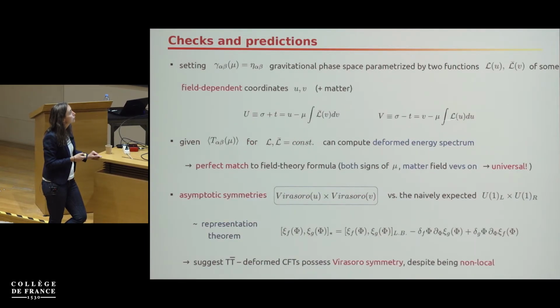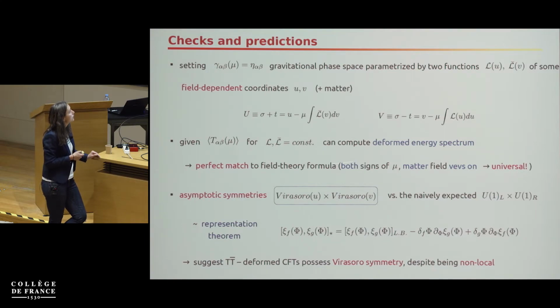The most general solution in the gravitational sector is parameterized by two arbitrary functions of what I'll call field-dependent coordinates, little u and little v. And these field-dependent coordinates are determined by the equation that these combinations of them equal the actual null coordinates of the TT bar deformed CFT. So you see they're explicitly field dependent.